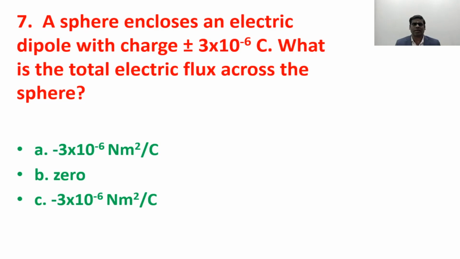Option C, minus 3 into 10 power minus 6 N m square by C. Option D, minus 3 into 10 power minus 6 N m square by C. We know N m²/C: N is Newton, m is meter, C is coulomb. That is, Newton meter square per coulomb is the unit of electric flux. Here you want to find the total electric flux with that unit.